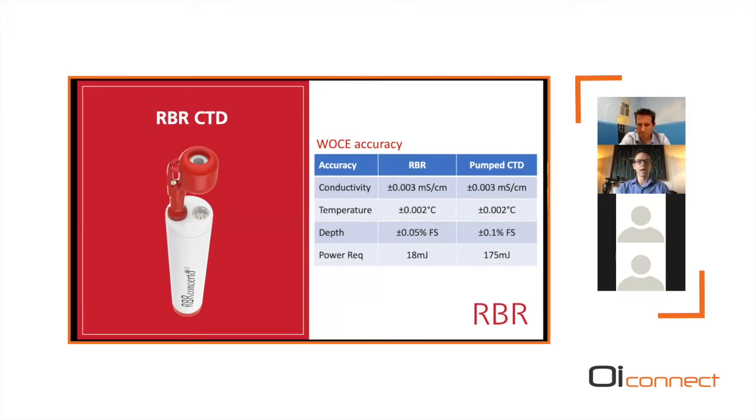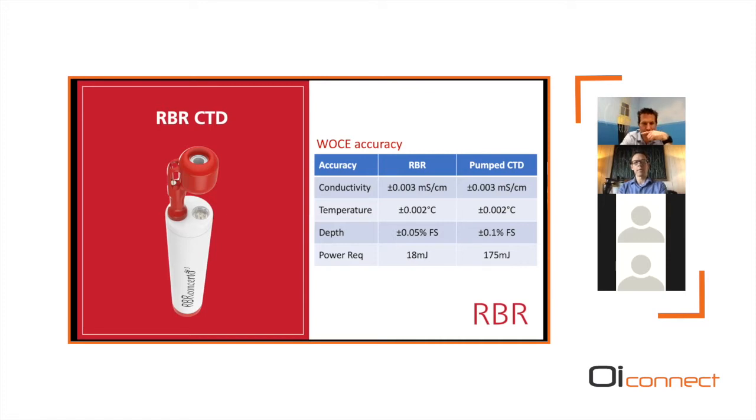The main sensor I wanted to talk about is the RBR CTD. This is our now iconic red CTD, and this is conductivity, temperature, and depth, but the combined one here, that red one that you see, is conductivity and temperature. And this has, again, this high accuracy conductivity.